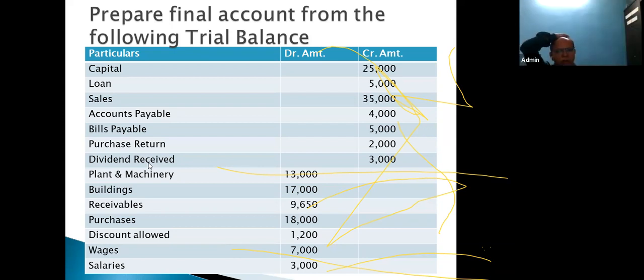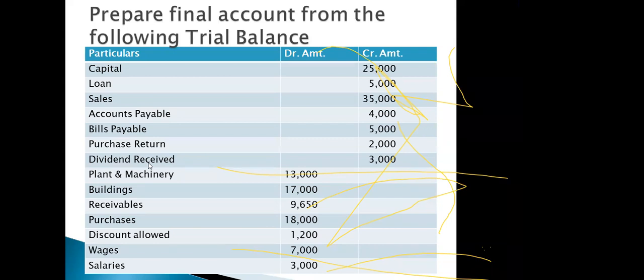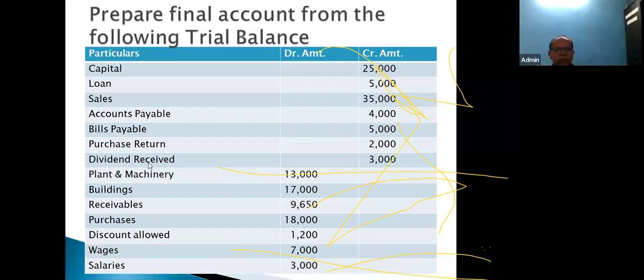Profit and loss account, credit side. It is income, no? Not on the balance sheet. Dividend received will be mentioned on the profit and loss account, credit side, rupees 3,000. Clear?